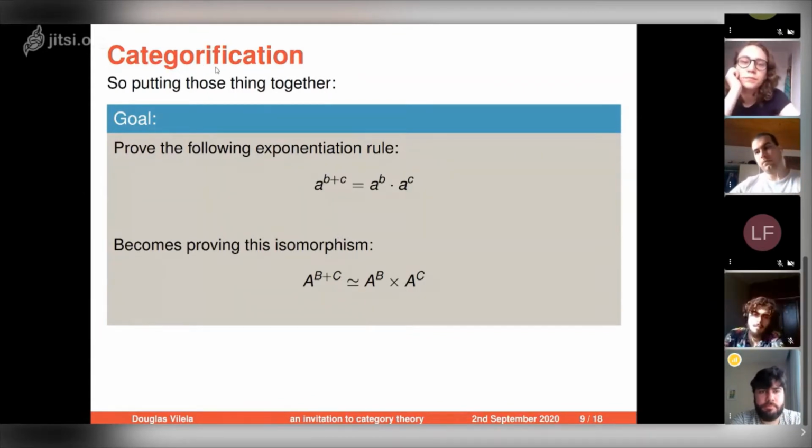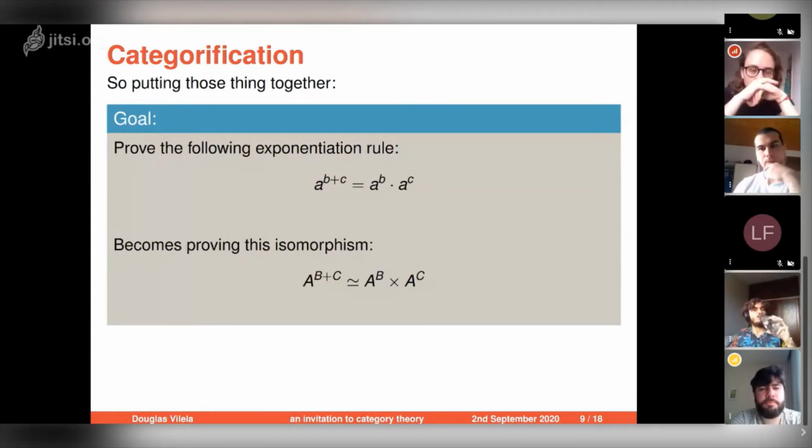I use this term categorification because there is this process in category theory where we translate set theoretic properties and theorems to categorical theorems that we are going to use later in this presentation.